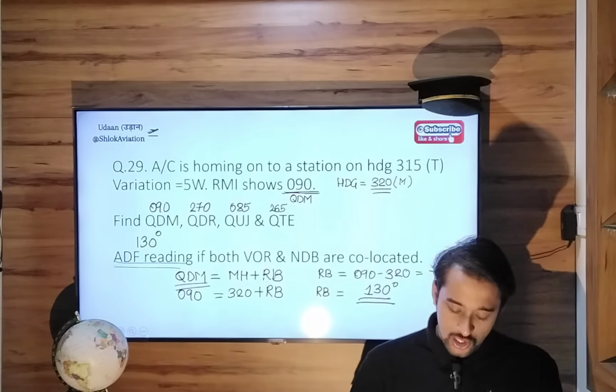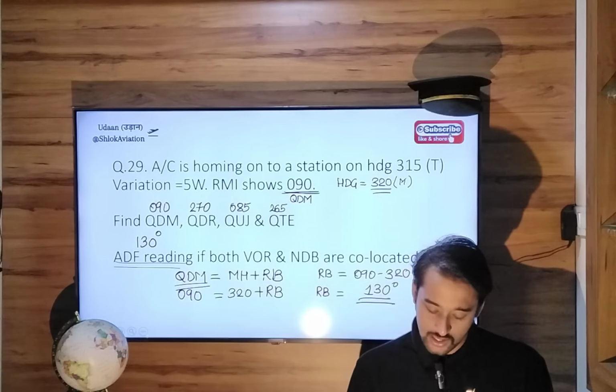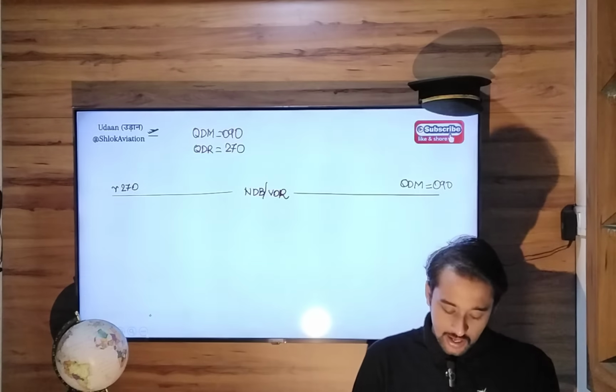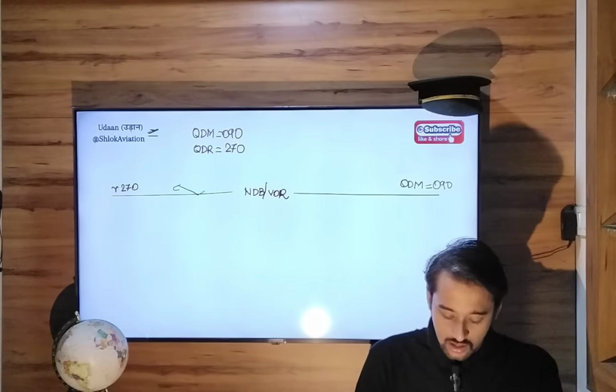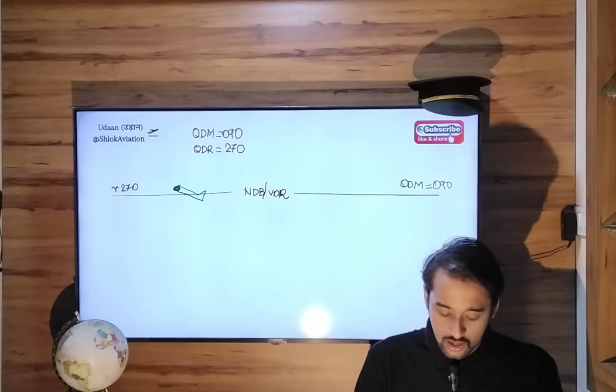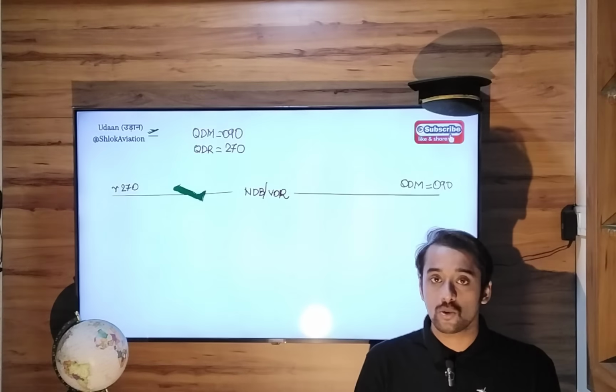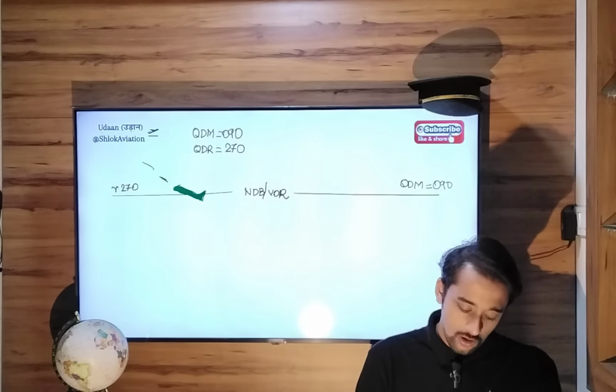So one thing we know for sure, our position is on radial 270. Heading is 320. Heading of aircraft is 320, which is right of 270. 320 will be towards the right hand side of 270.